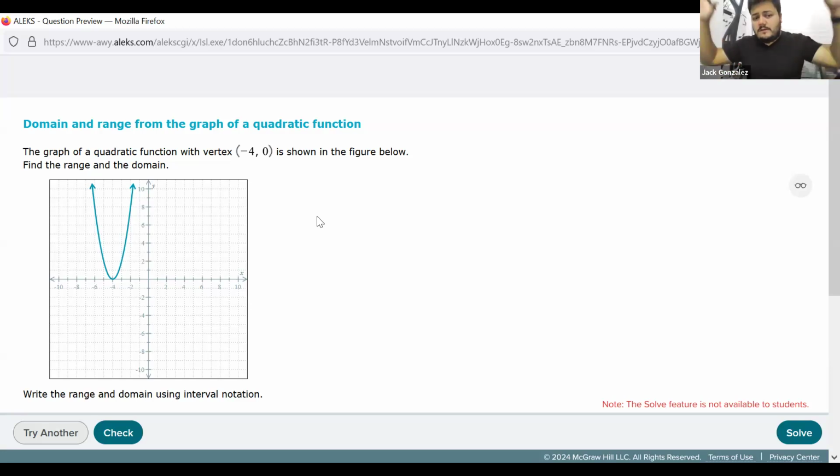Yeah, it just keeps going, so that's right. Okay, so we'll write that down for domain. What about the range? That one's a little different.